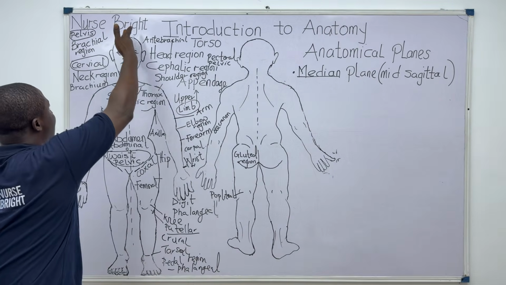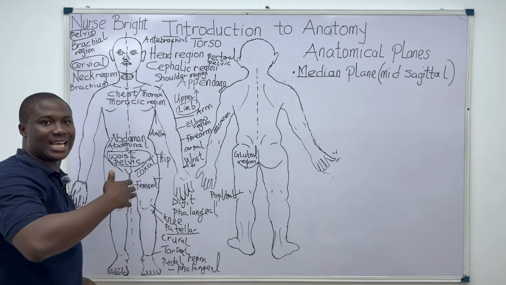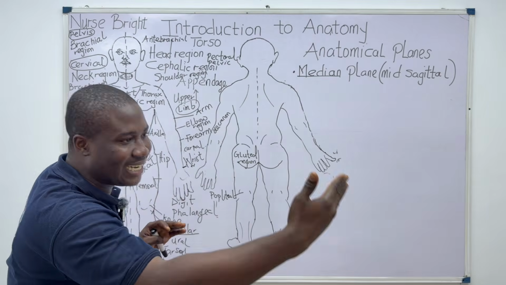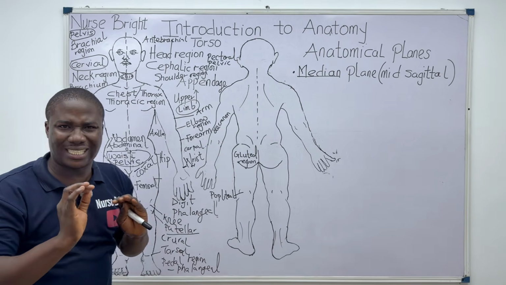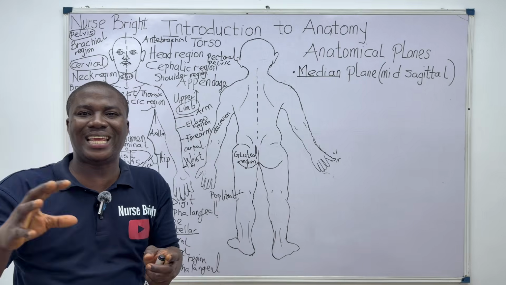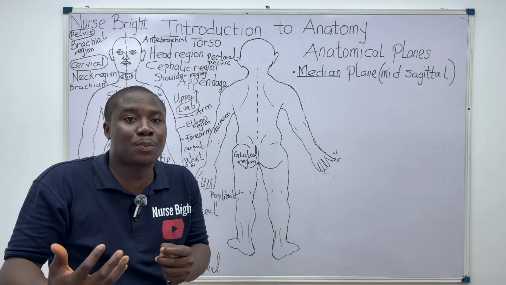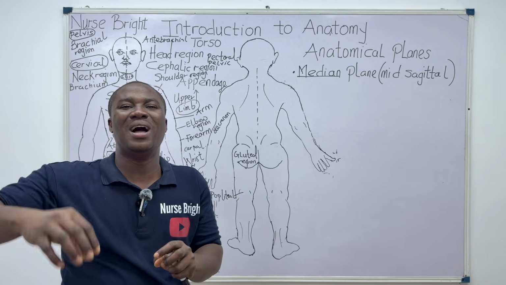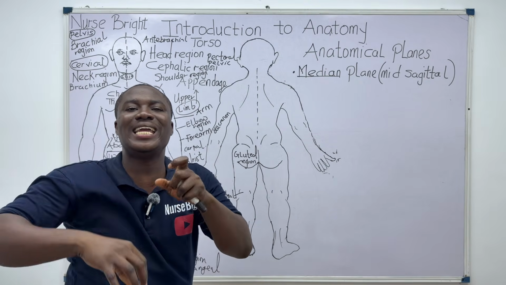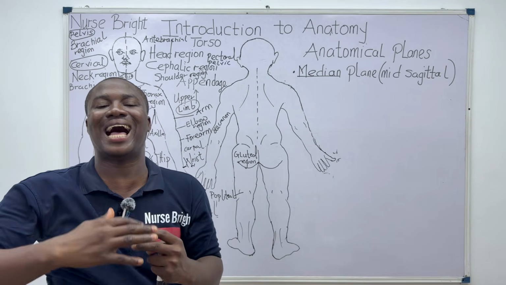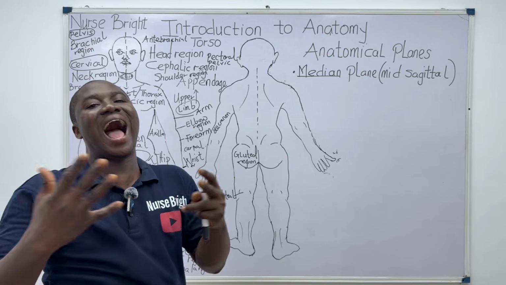Because when you cut a particular object from the center, you'll be able to see what is inside one half and the other. You understand what we are saying? That is what the median plane talks about. And also the median plane helps healthcare professionals in identifying abnormalities that can affect one half of the body.